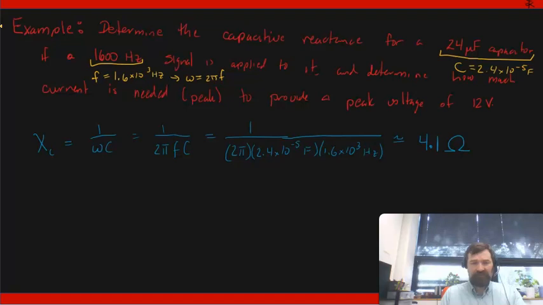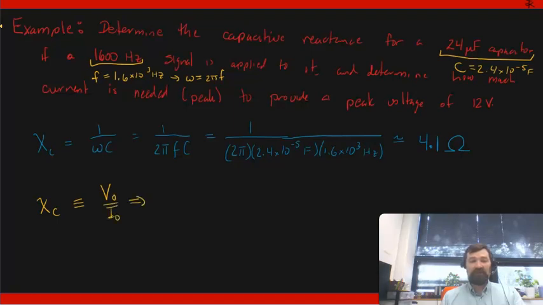Second part of the problem, and I'll switch colors here for the non-colorblind. I'm going to figure out how much current is needed to get a peak voltage of 12 volts. Well, remember that this capacitive reactance is defined as the voltage divided by the current.